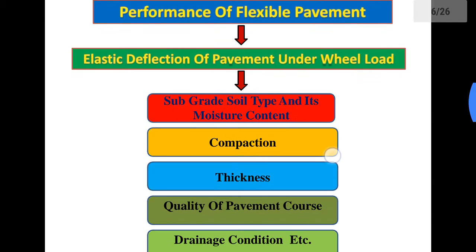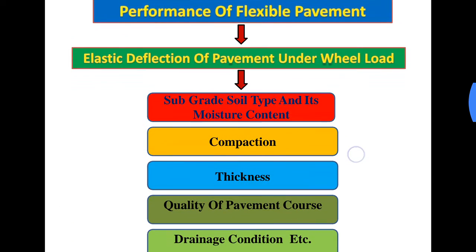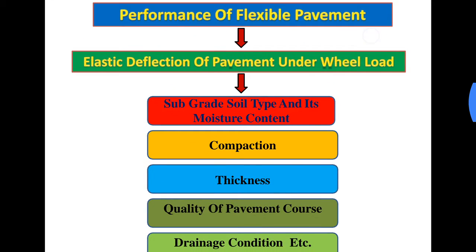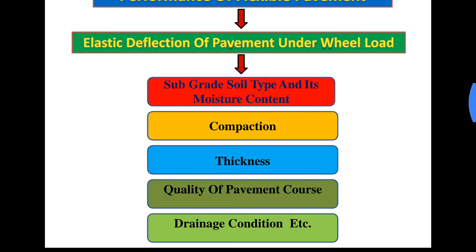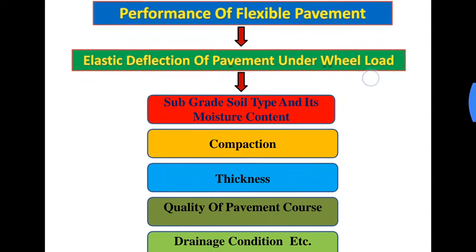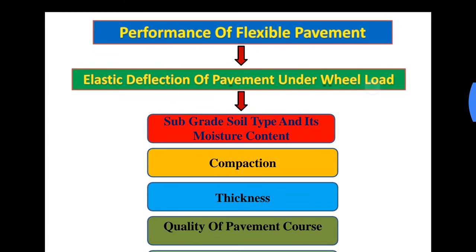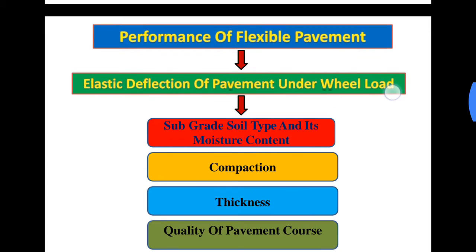Next is scope. The performance of flexible pavement is dependent on the elastic deflection of pavement under wheel load. Okay, if the elastic deflection is good, then the pavement is good.